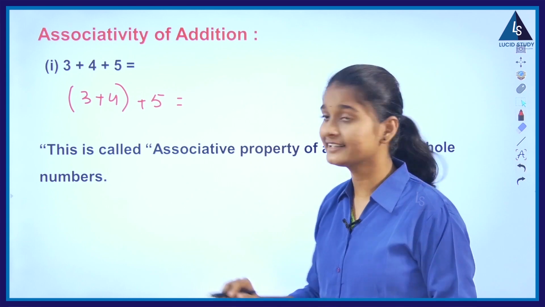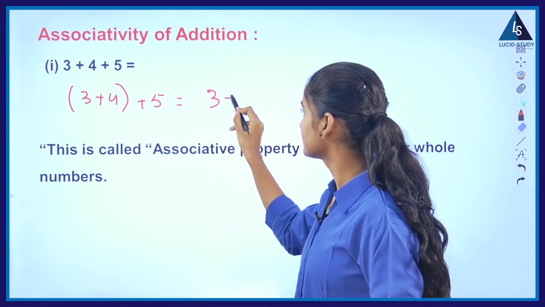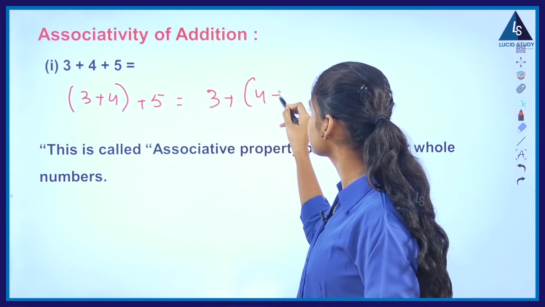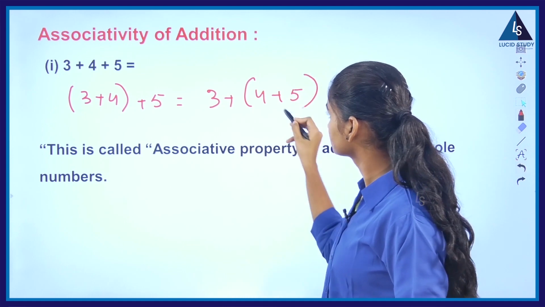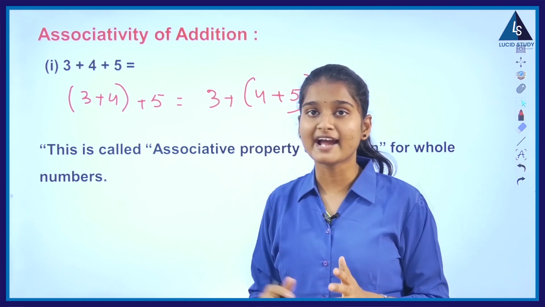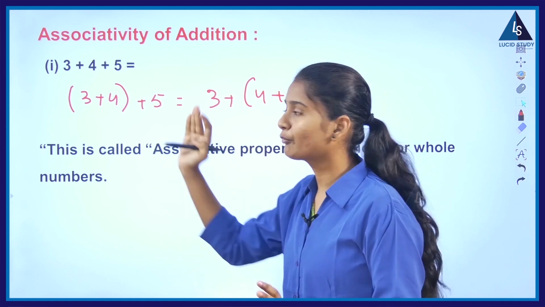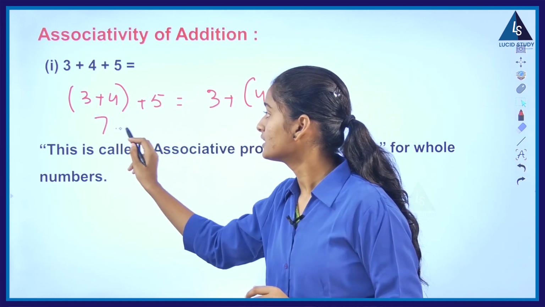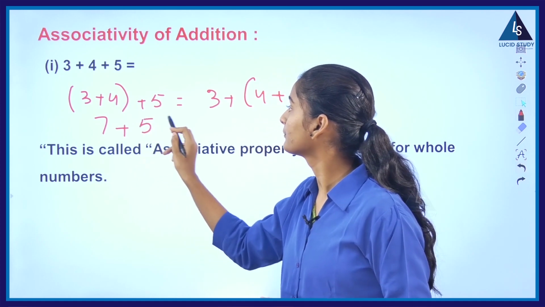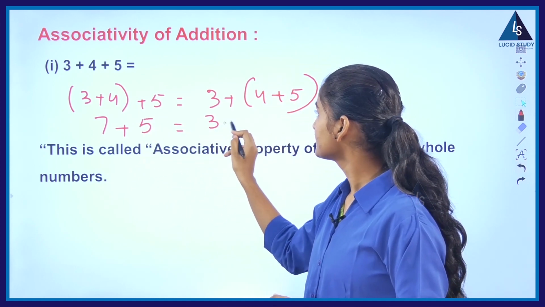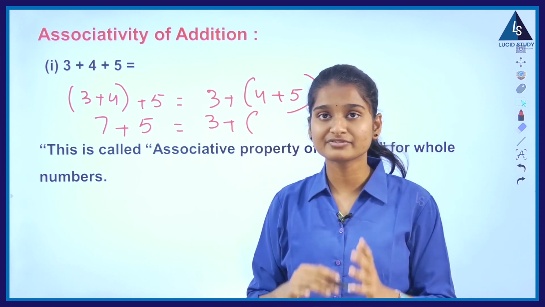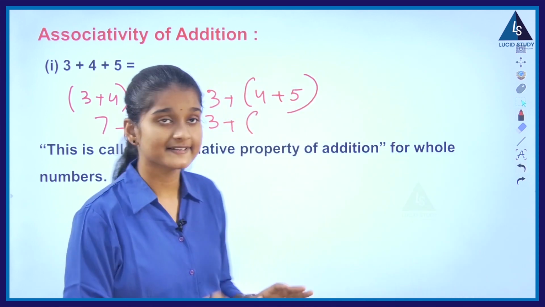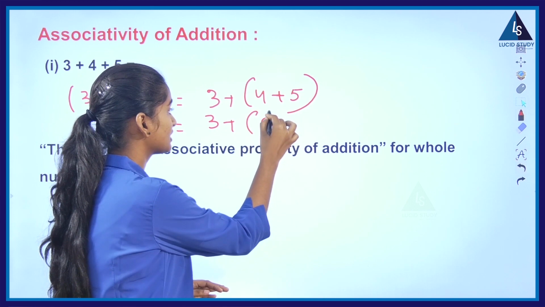This can also be written as 3 plus the group 4 plus 5. Now let us check whether the sum is the same. What is 3 plus 4? 3 plus 4 is 7, and then 7 plus 5. And what is 4 plus 5? 4 plus 5 is equal to 9.